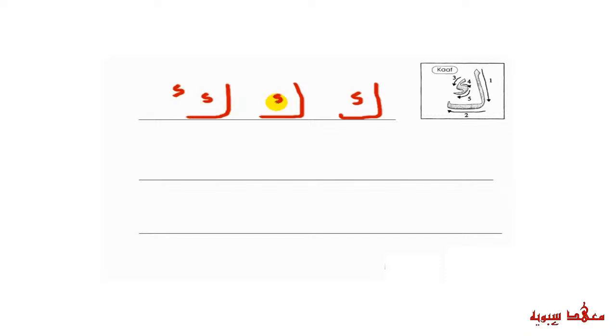So in the beginning of a word is as follows. You start from top here, you go down, and then come across like this, and then go like this. And that's the kaaf. So you can think of it similar to this part here, but it's just being made bigger.